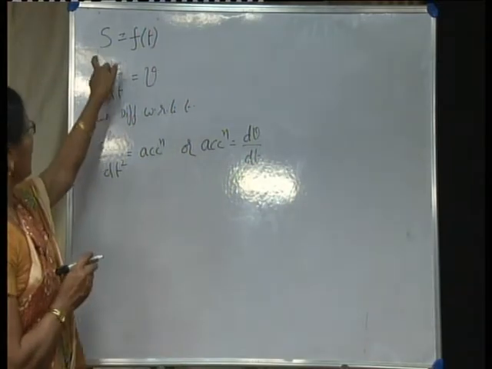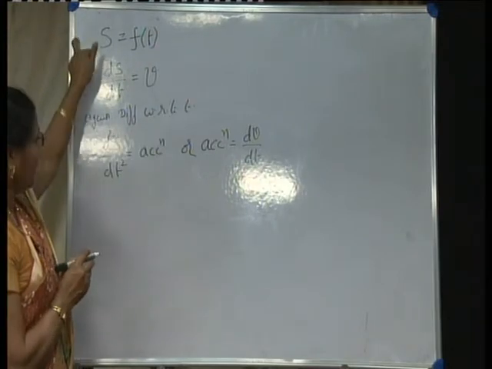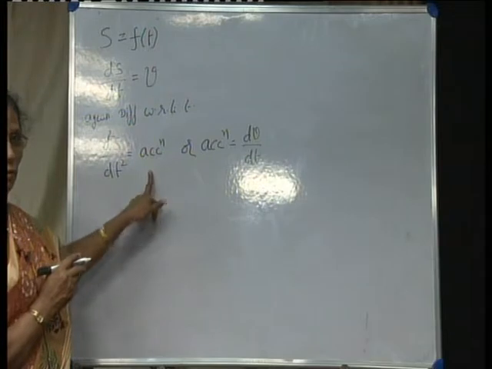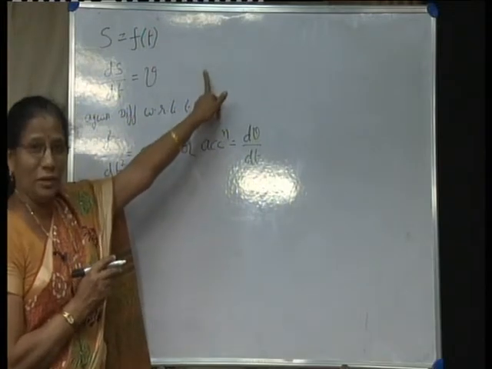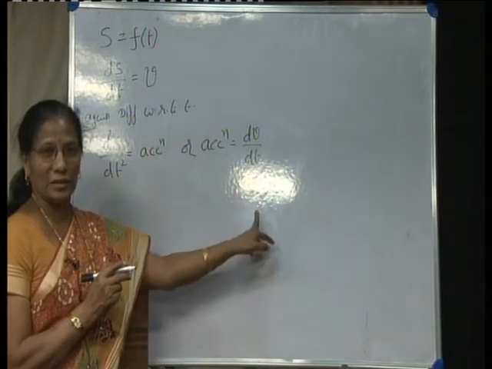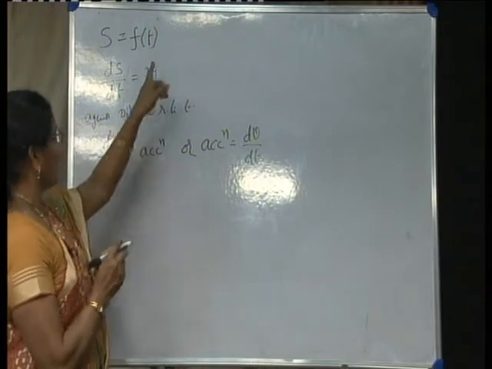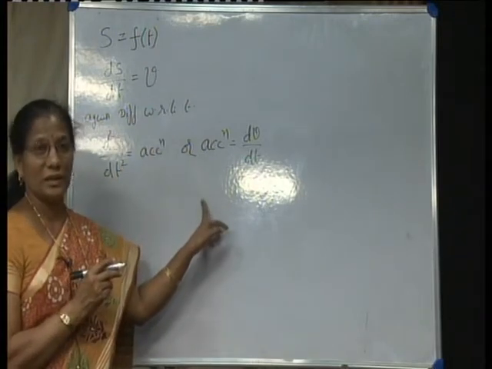If we take s is equal to f of t, the first derivative is velocity, the second derivative is acceleration. When the velocity is given in terms of time, the first derivative itself is the acceleration.